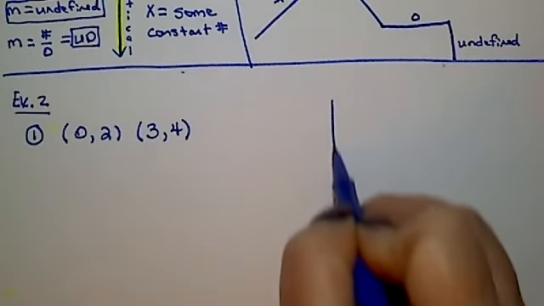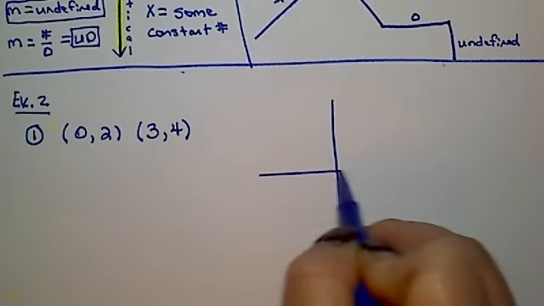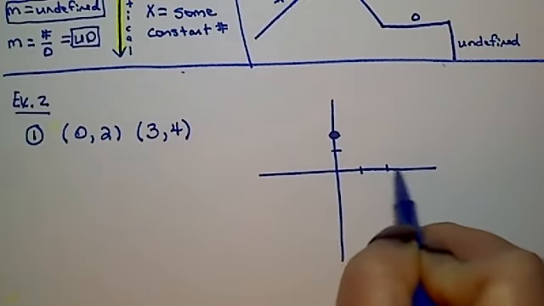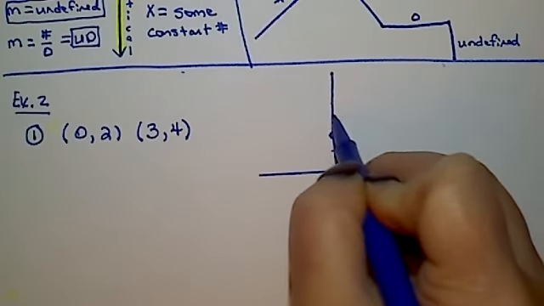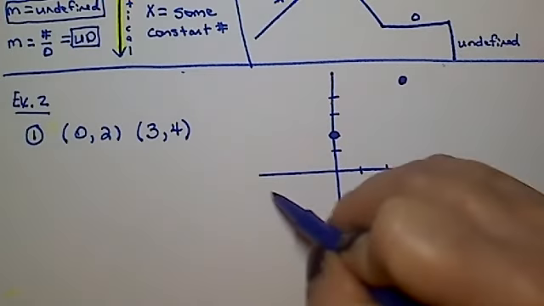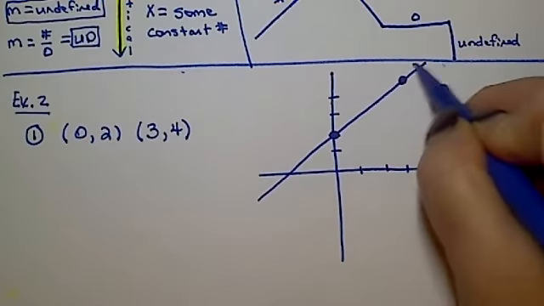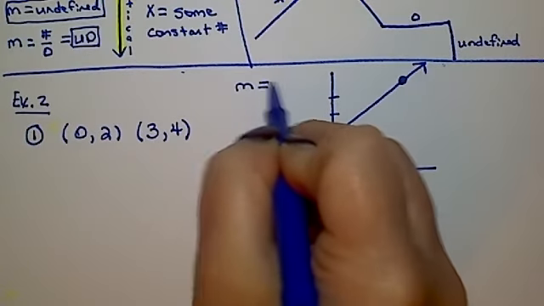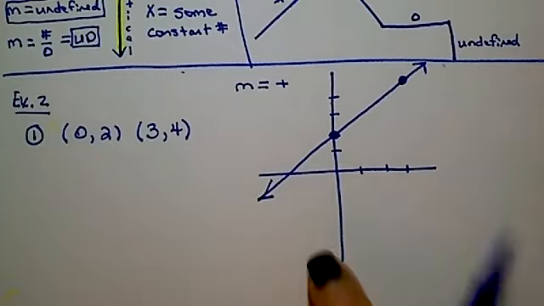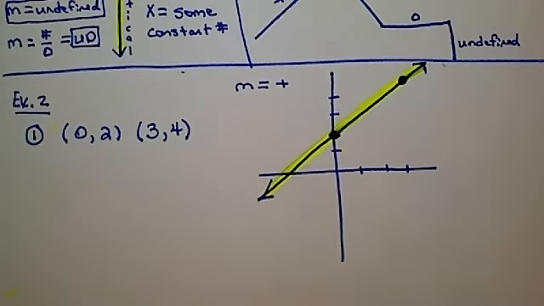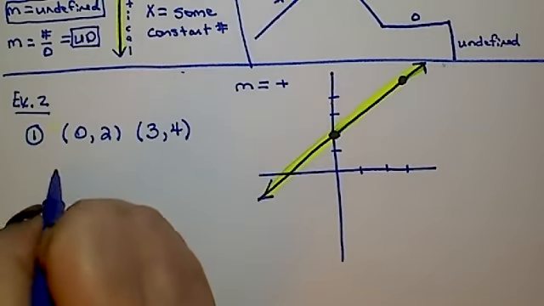So let's go ahead and plot this to see what it looks like. Now I'm going to go ahead and draw that line. So I know looking at that line, my slope is going to need to be positive because this line is going upward from left to right. So it is increasing.